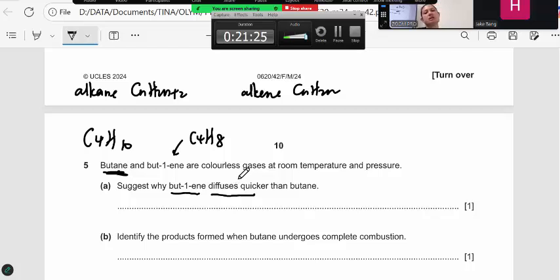Okay, if you don't know this, we all sit down and cry. This is like chapter 1, year 10. Why does but-1-ene diffuse quicker? Diffusion is based on what?